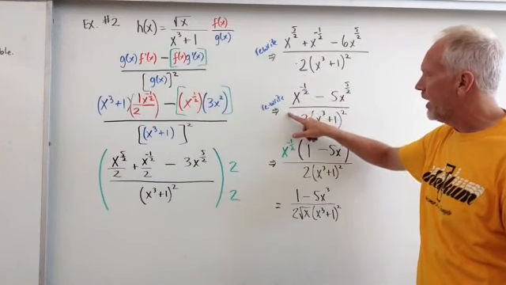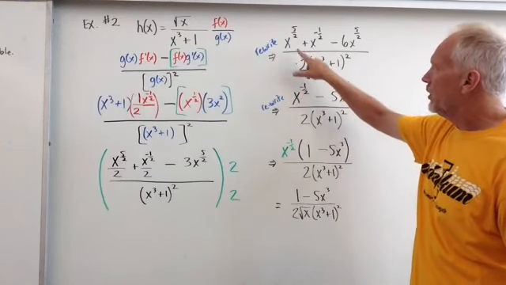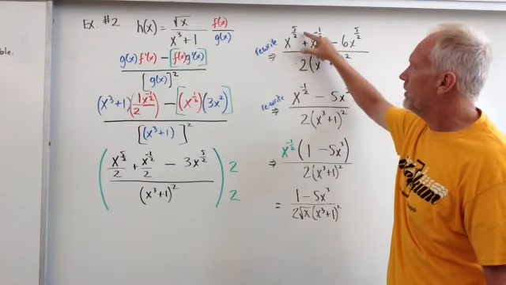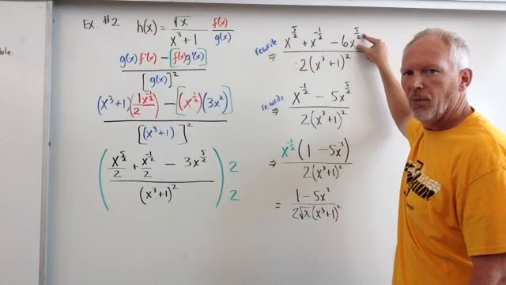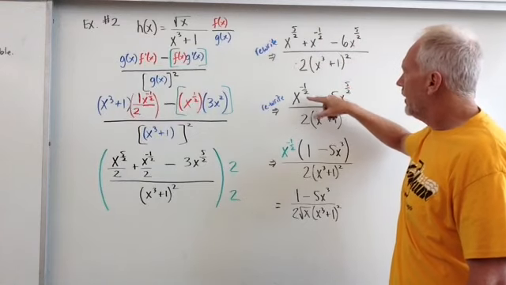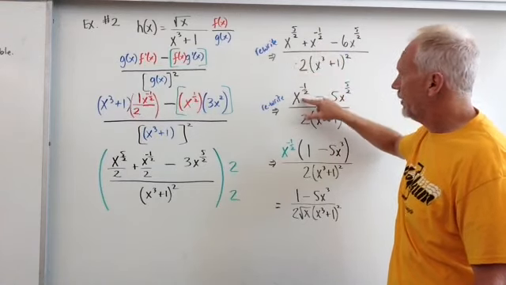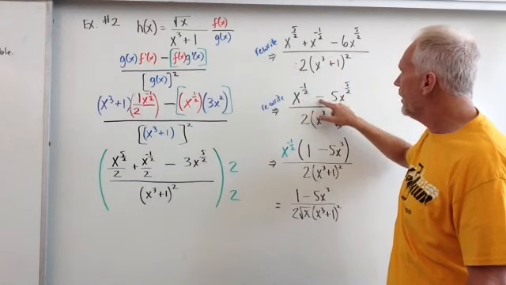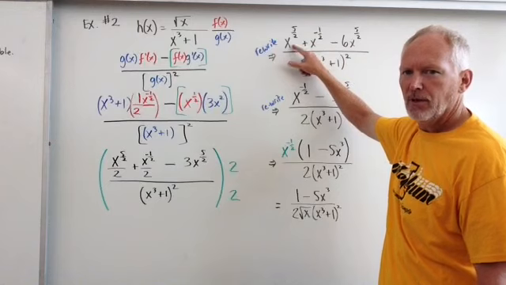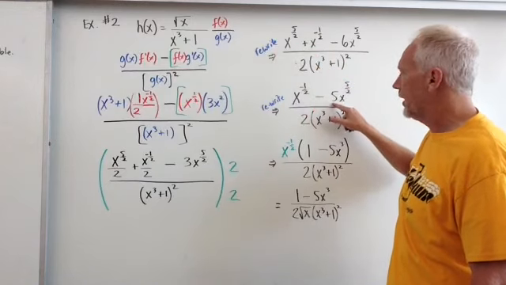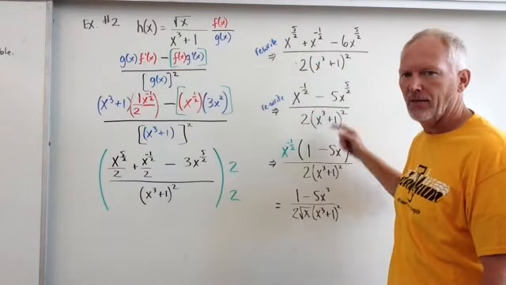Next, I'm going to combine. I can combine this x to the 5/2 and another x to the 5/2, and we get x to the negative 1/2, minus, if I have negative 6 and I add one of them, same thing, I get negative 5x to the 5/2.